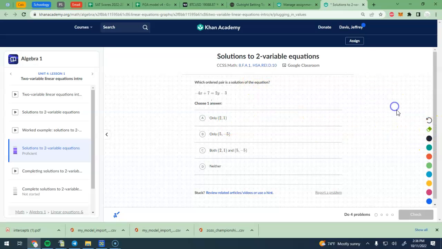So I know 2, 1 works. Does 5, -5 also work? So plug in 5 for x, and then plug in -5 for y. So this is -20 plus 7, so that's -13.